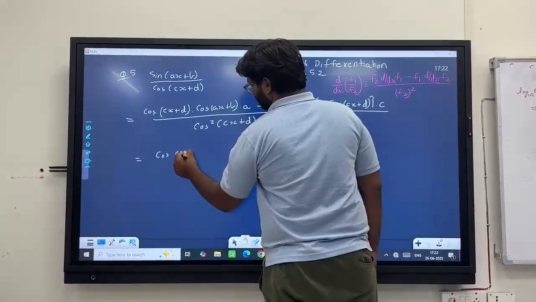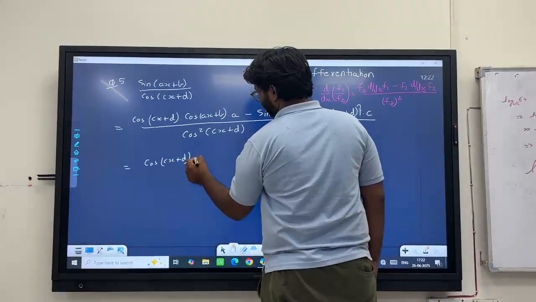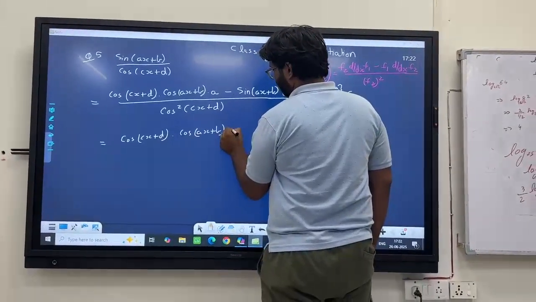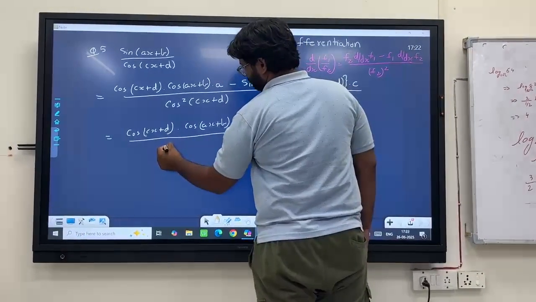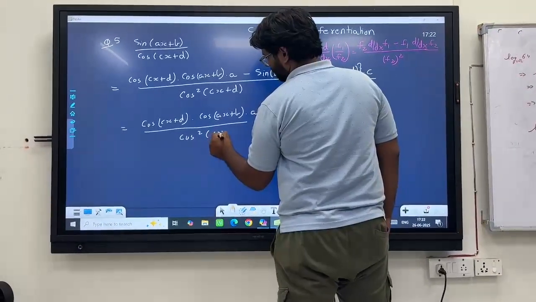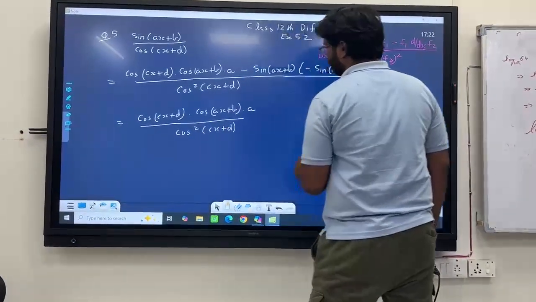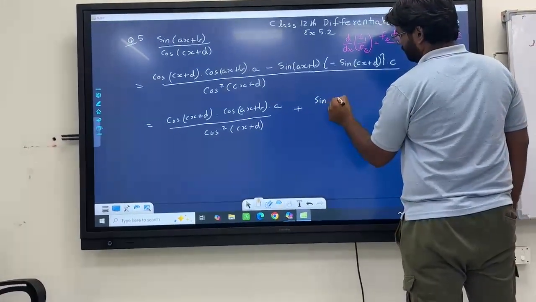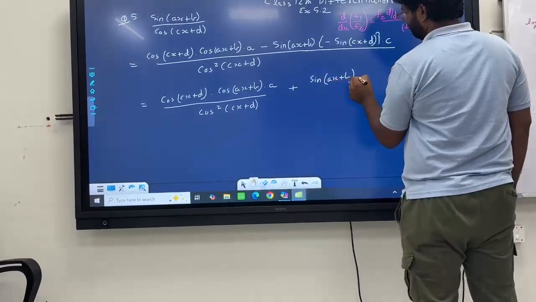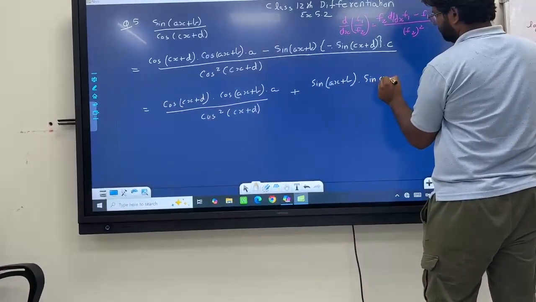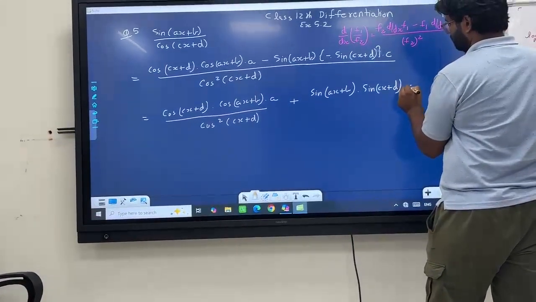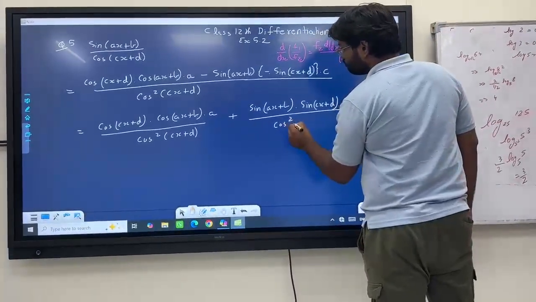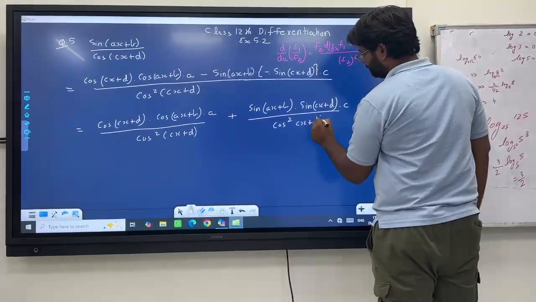Cos cx plus d into cos ax plus b into a upon cos square cx plus d, minus minus plus sine ax plus b into sine cx plus d into c on cos square cx plus d.